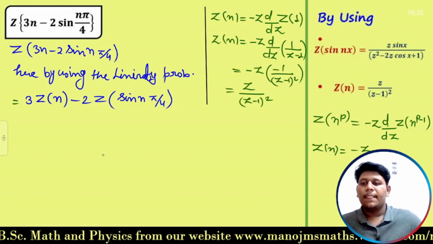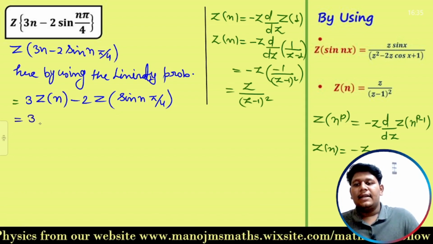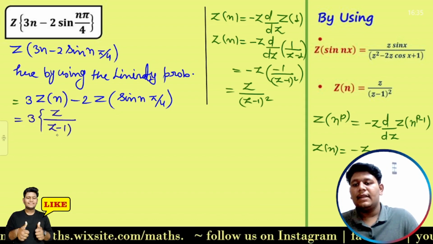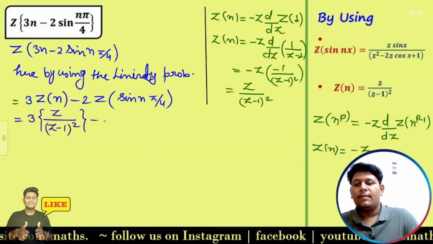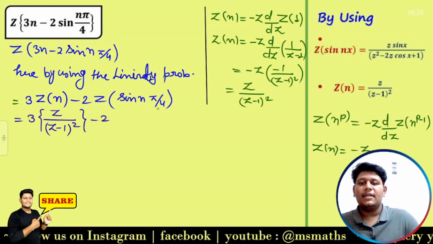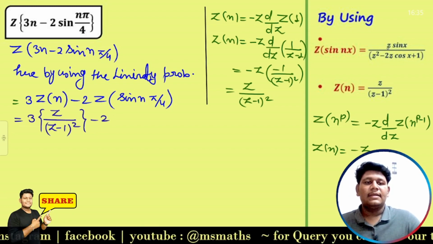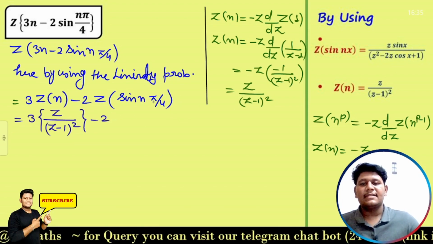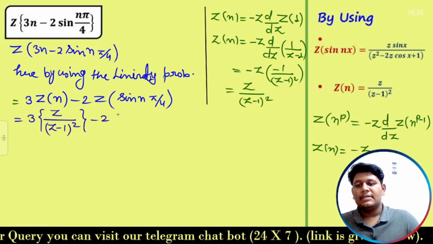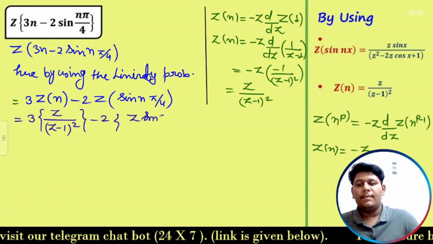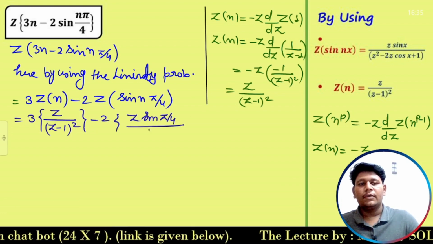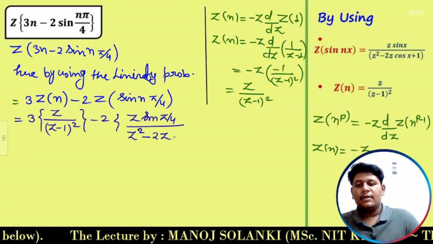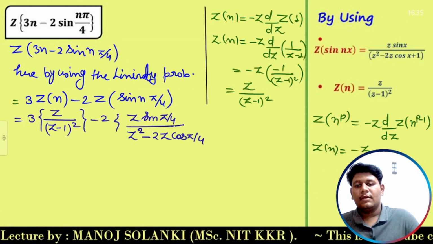Now come to the question. 3 times z upon z minus 1 whole square, minus 2 times the z transform of sine, which is z sine x upon z square minus 2z cos x plus 1, where x is pi by 4.